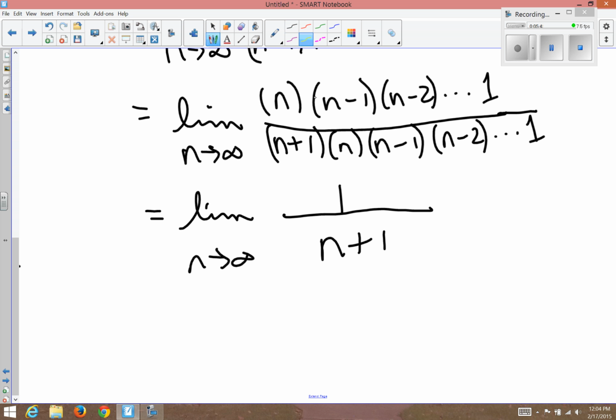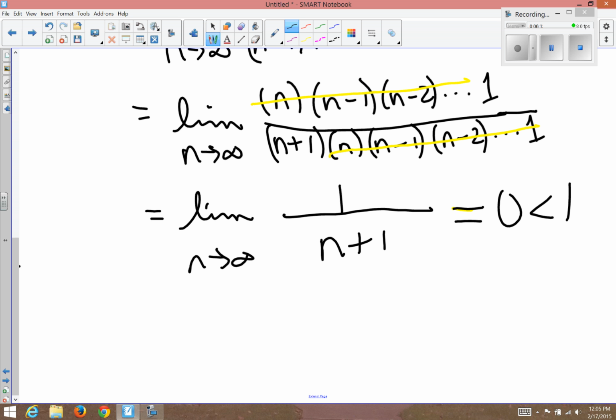That is, all of this cancels with all of this. And the limit of 1 over n plus 1 as n approaches infinity is 0. Which is less than 1.